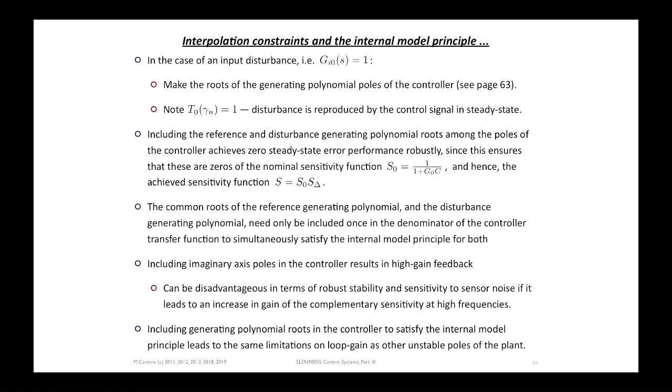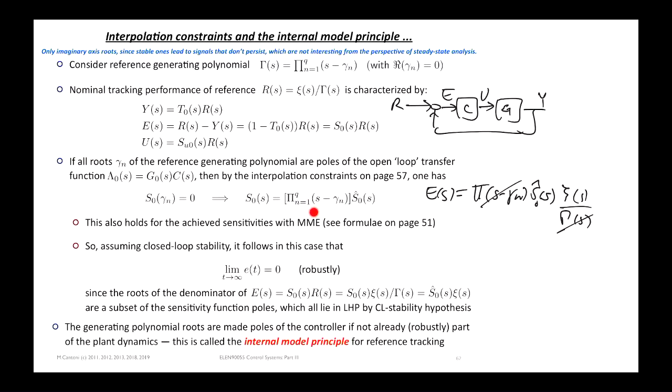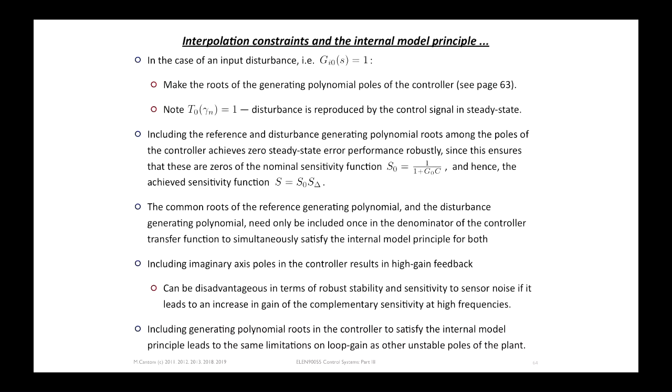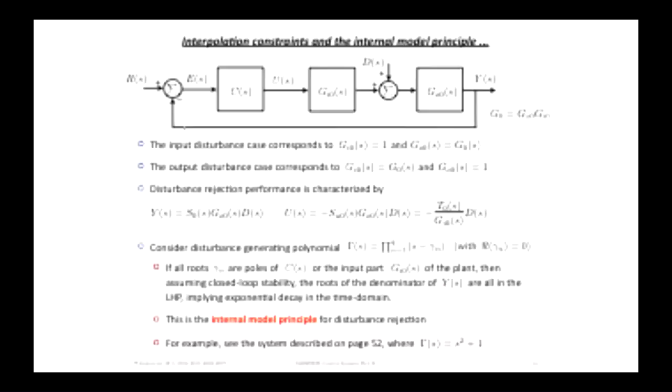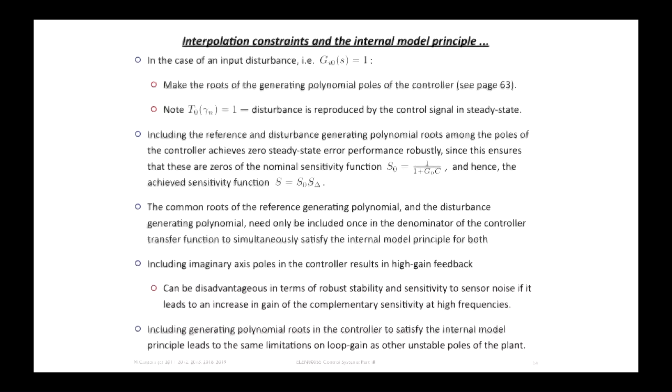We're making sure this has these factors so that it'll cancel out the gamma, and that will happen robustly, because the perturbed closed loop in the presence of multiplicative plant modelling uncertainty still involves that function there. That shouldn't be surprising, because we can force this to have zeros by just making the controller have the right poles.